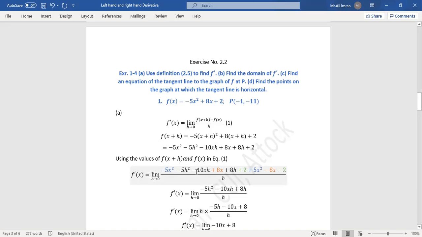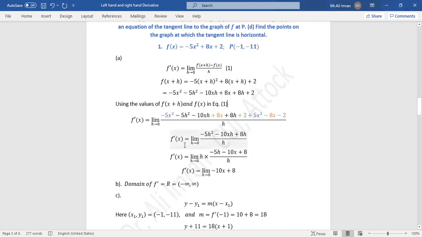Cancelling the term with opposite sign, cancel minus 5x square with plus 5x square and plus 8x with minus 8x and plus 2 with minus 2. After cancelling this term, f prime of x is equal to limit h equal to 0 minus 5h square minus 10xh plus 8h divided by h.